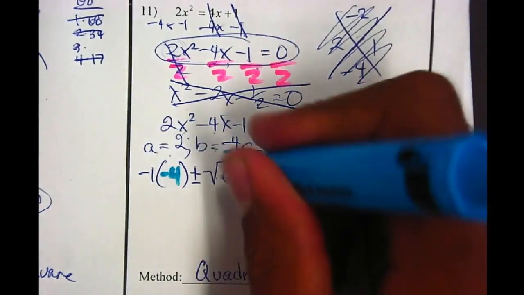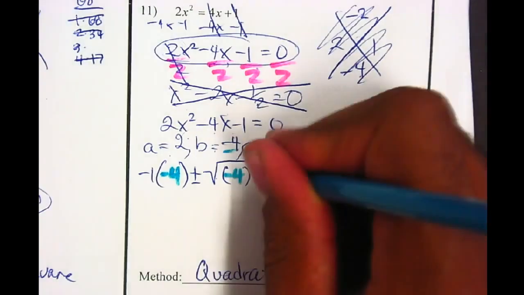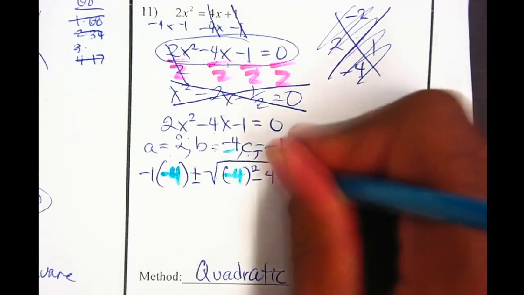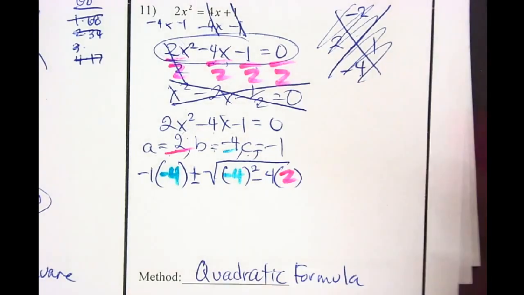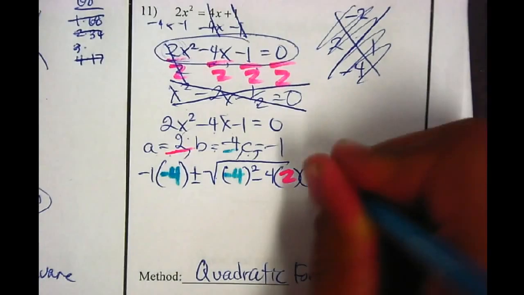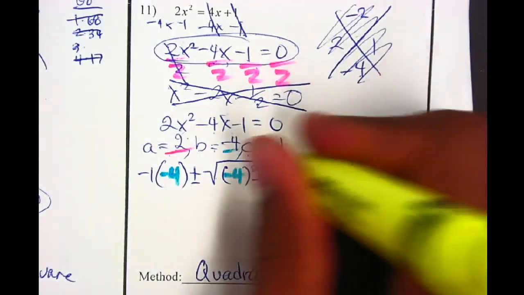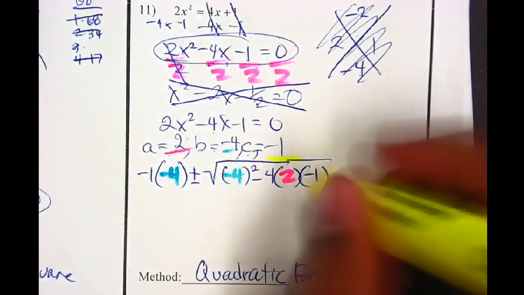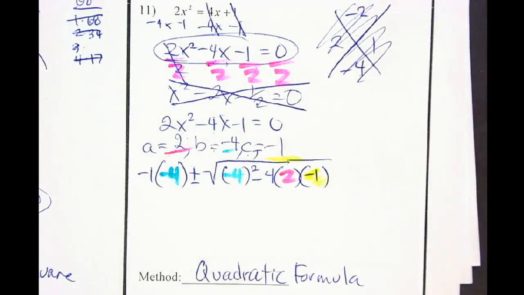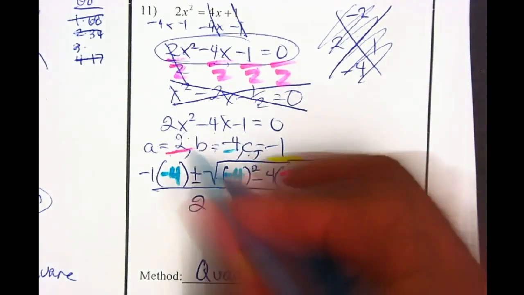I'm going to plug in -4, B is -4. And then we're going to do minus 4, it's always 4, times our A, which is 2, so I'm going to write 2 here, and then times C, and our C is -1. So I'm going to write a -1, I'm going to highlight it yellow, just to show you that that is our C. And then all of this over 2 times A, which is 2.